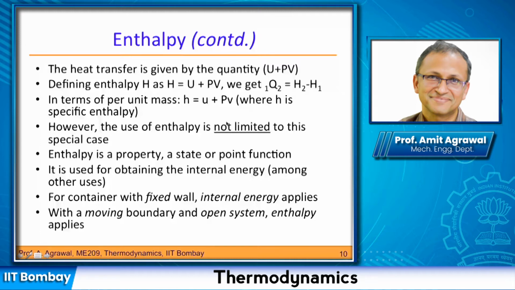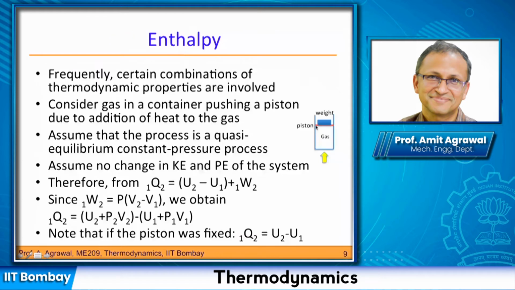And of course, enthalpy was introduced in the context of a gas which is heated from one side, and the cylinder has a piston on the other side, and therefore the piston moves and does work against the surroundings.